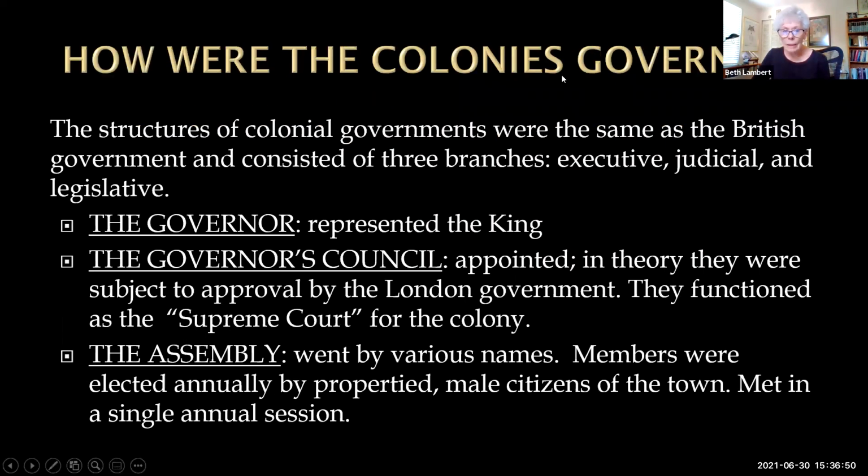So then the colonies themselves and how they were governed was interesting. They were an extension of the English government. The governor represented the king. The governor was appointed by Parliament. So, who was the governor going to be loyal to?